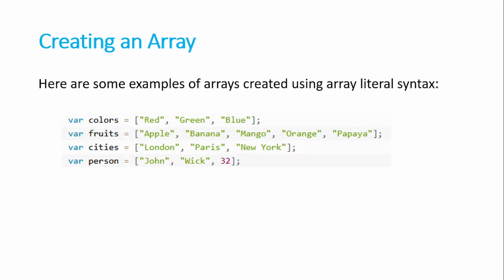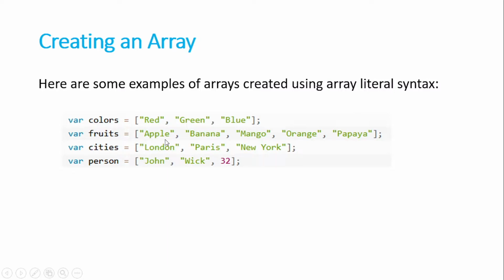Now you can see we have these colors organized in square brackets, or you can say colors is now an array. This square bracket is actually containing three different values. The first one is red, the second one is green, and then this is blue. It can have different data types as well. So it can be all strings or multiple data types.